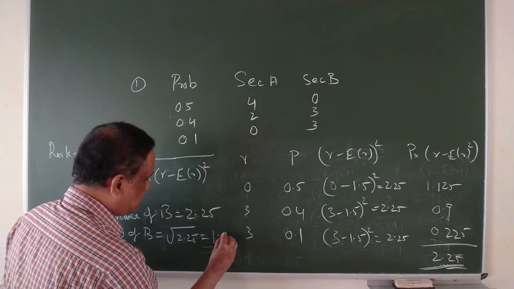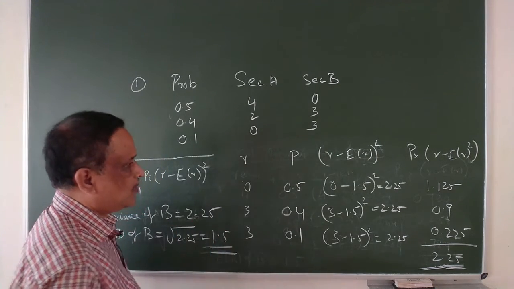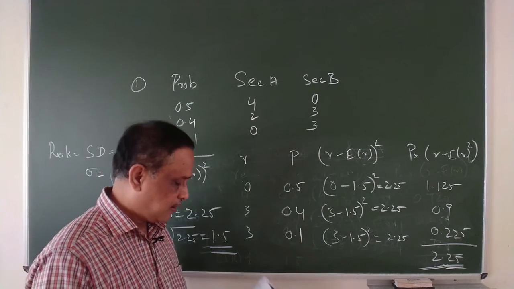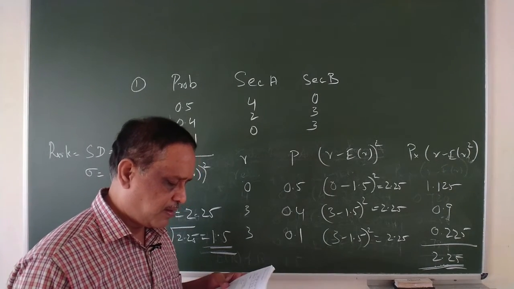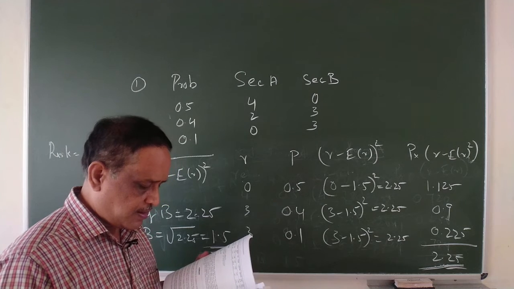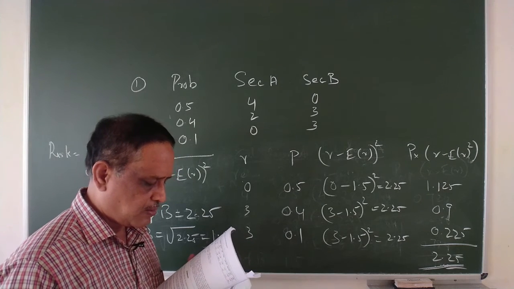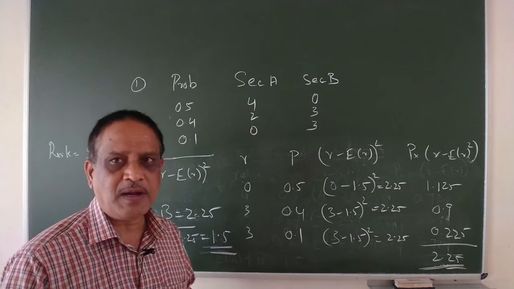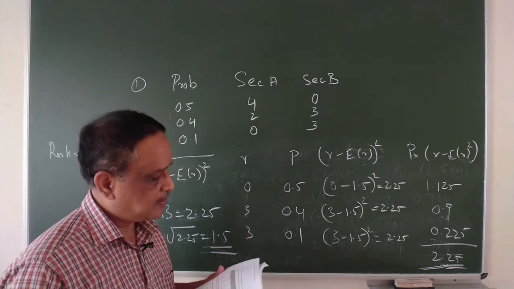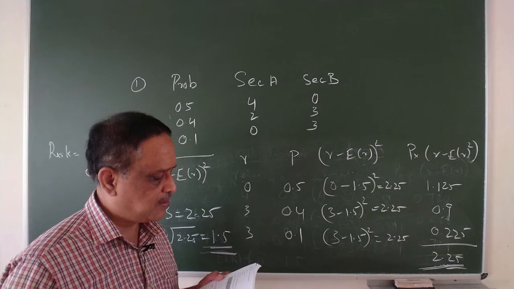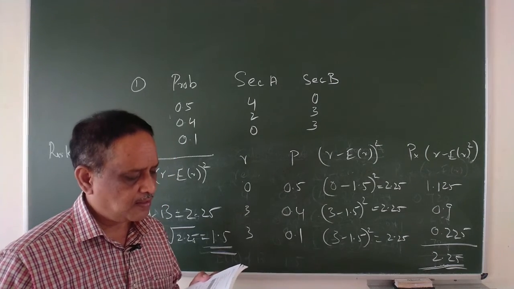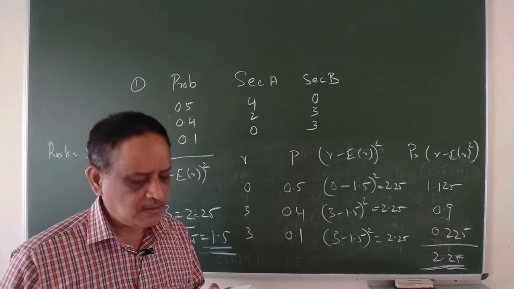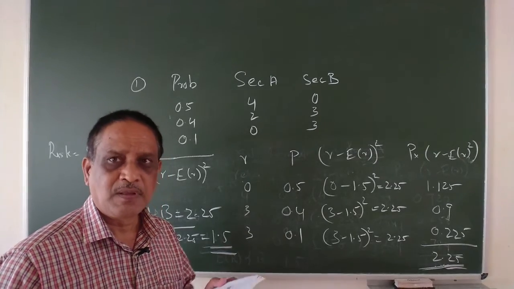So the conclusion is: the expected return of A is 2.8 and the expected return of B is 1.5, and the standard deviation of A is 1.33 and of B is 1.5.